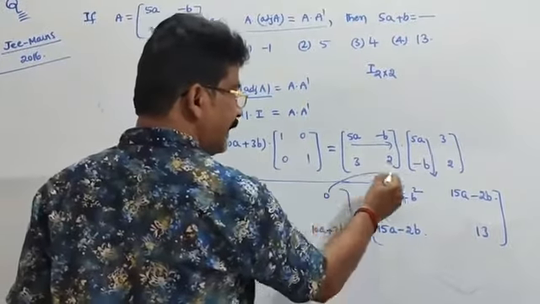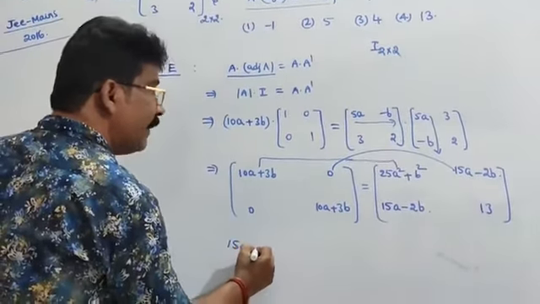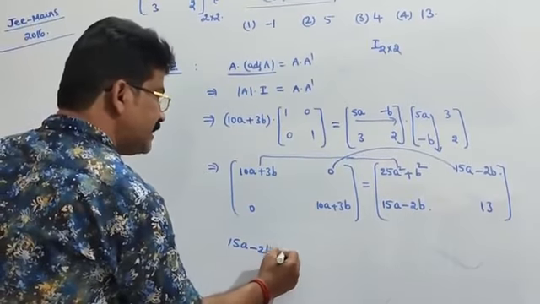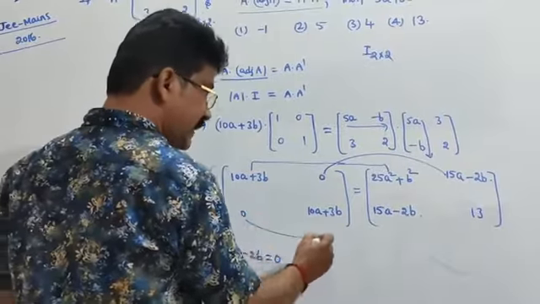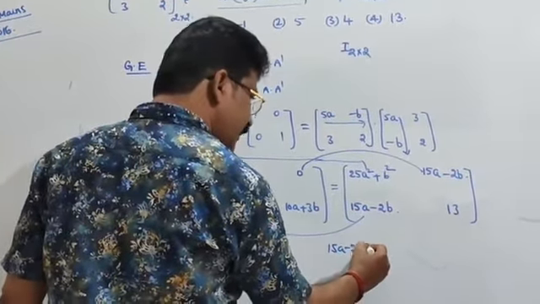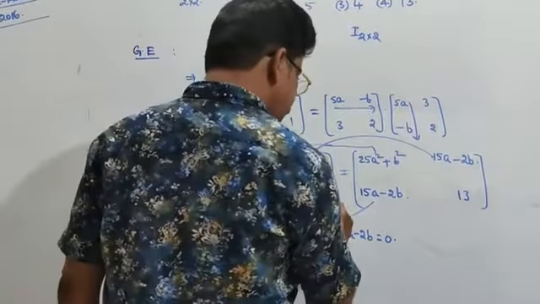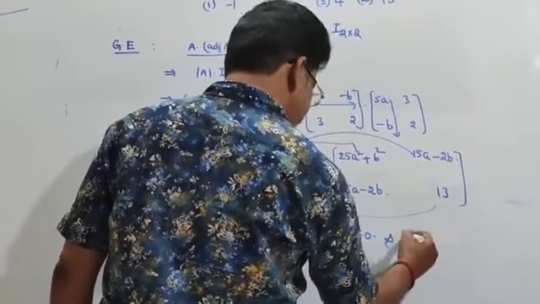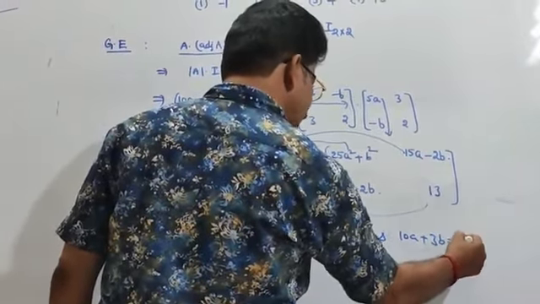Next, equating these two, we get 15A minus 2B equal to 0. Another equation. Next, 10A plus 3B is equal to 13.